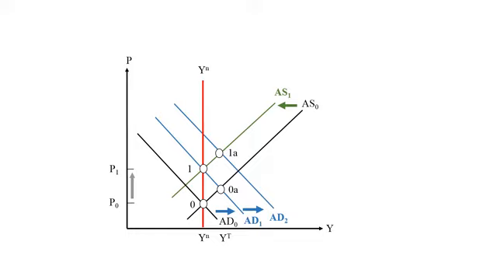The process discussed up to now will bring the economy to point 0 and prices will increase to P2. The result of these analyses is ever-increasing prices, and we call this inflation.